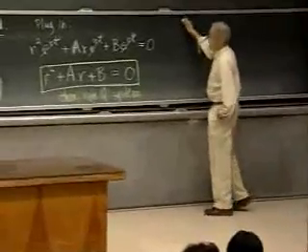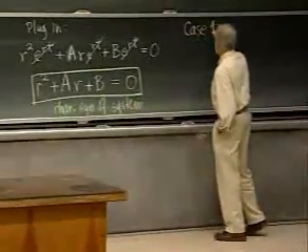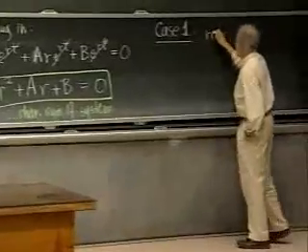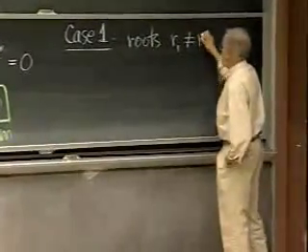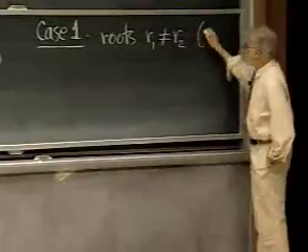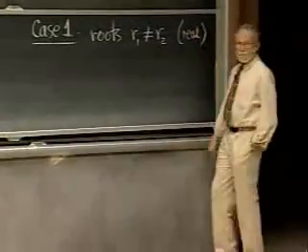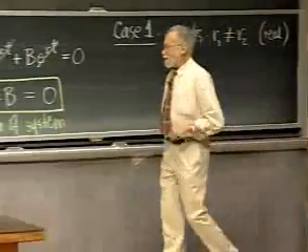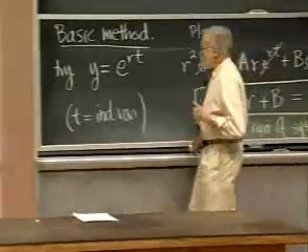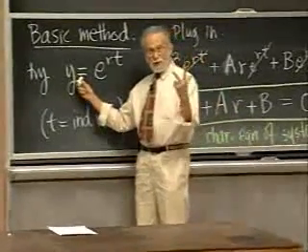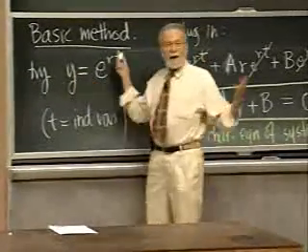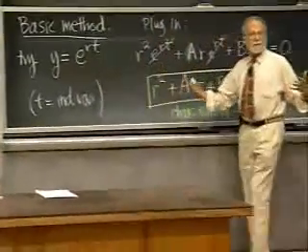I'm going to talk about those three cases in that order. So the first case is the roots are real and unequal. I'll put down real to make that clear. It is by far the simplest case, because immediately one sees we have two roots, they're different, and therefore we get our two solutions immediately.